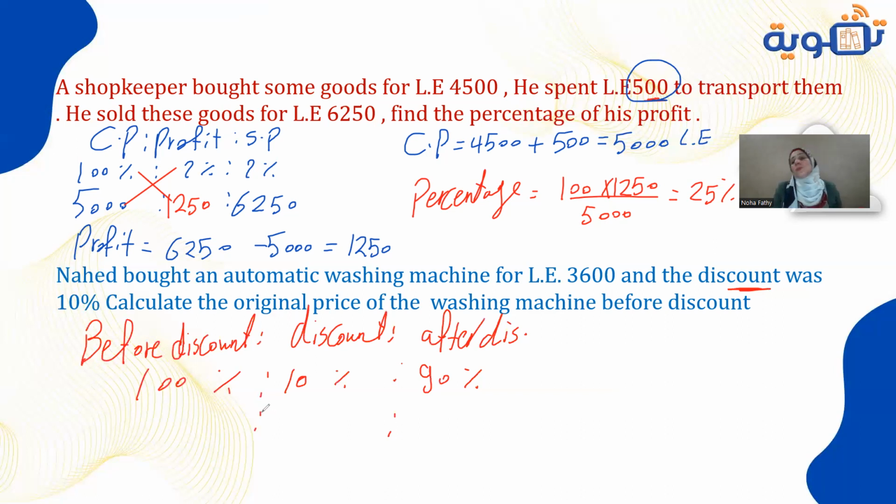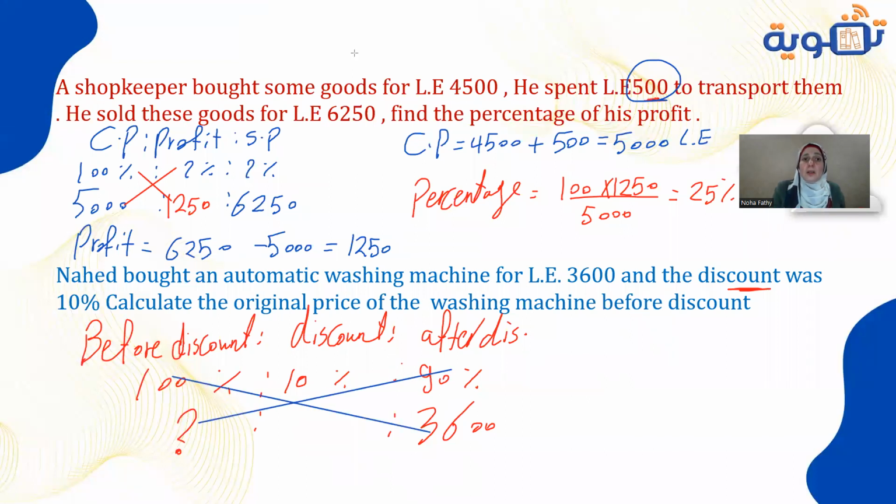Why? Because this is a discount, so the price decreases, so I'll make minus. If you have profit, I will add the percentage. If you have loss, I'll subtract. Here, 3,600. He wants the original price before discount. Then I will make cross multiplication to find the value before discount.